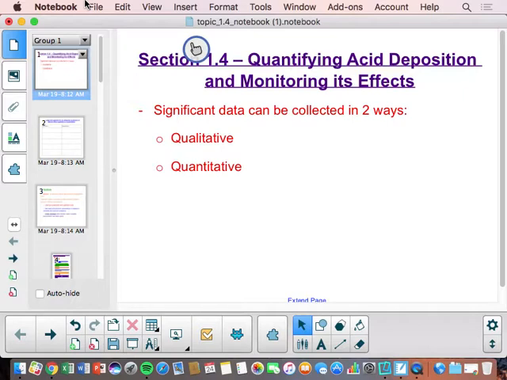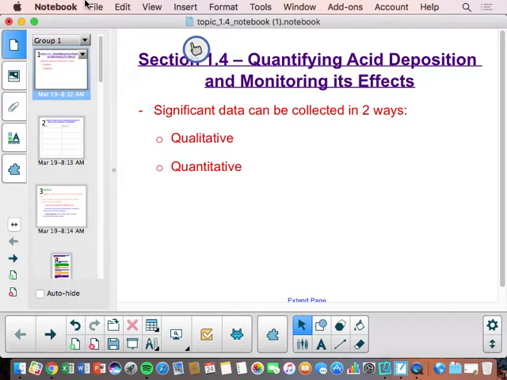Anyway, it says significant data can be collected in 2 ways. So how do we collect data on acid deposition? What is acid deposition? Calvin should know because we talked about it yesterday. Minerals in the soil are the buffers.